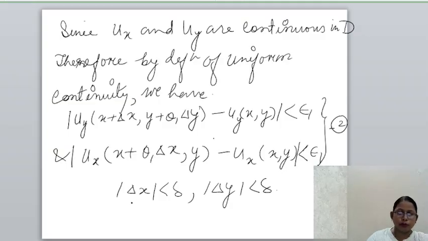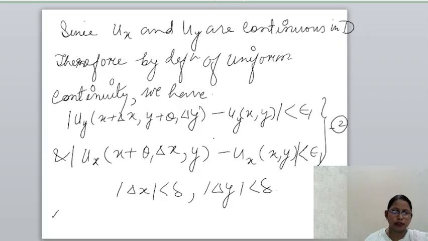So correspondingly I will get delta x less than delta, delta y less than delta. Now next I am going to put this value equal to alpha and this value equal to beta: one is alpha 1, another is beta 1.